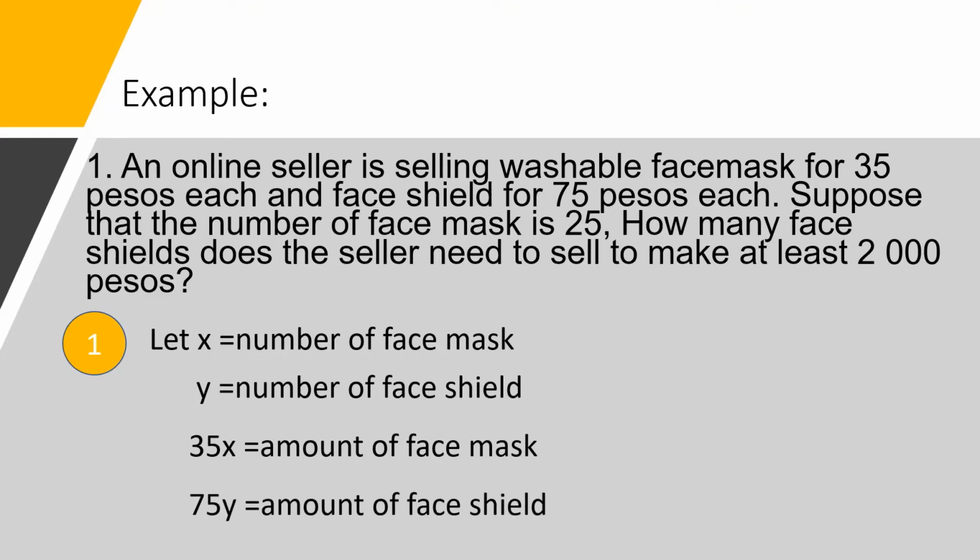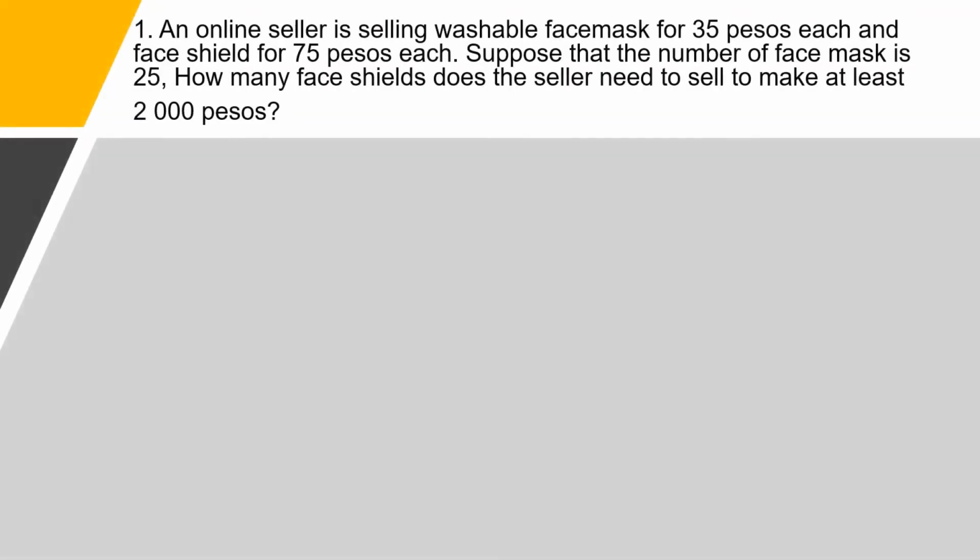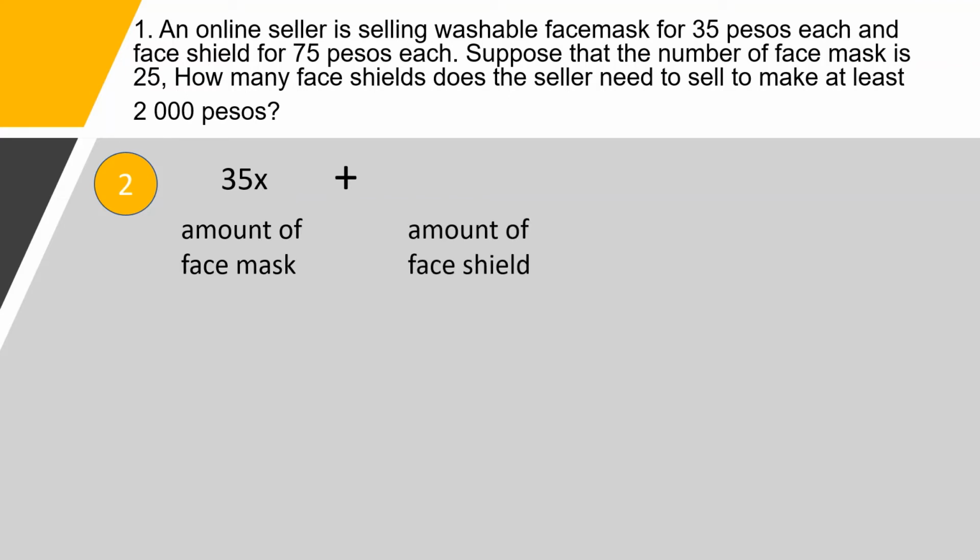And face shield costs 75 pesos each, so we have 75y as the amount of face shield. Then, for step number 2, we have 35x, which is the amount of face mask, plus the amount of face shield, which is 75y, is at least 2,000.